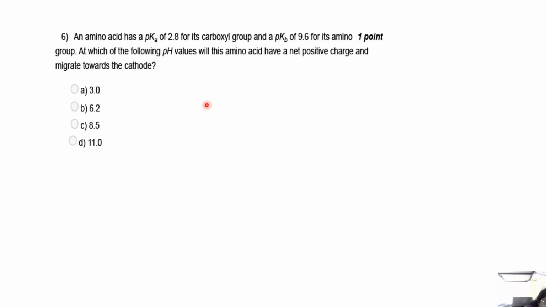An amino acid has a pKa of 2.8 for its carboxyl group and a pKb of 9.6 for its amino group. At which of the following pH values will this amino acid have a net positive charge and migrate towards the cathode? The options are A 3, B 6.2, C 8.5 and D 11.